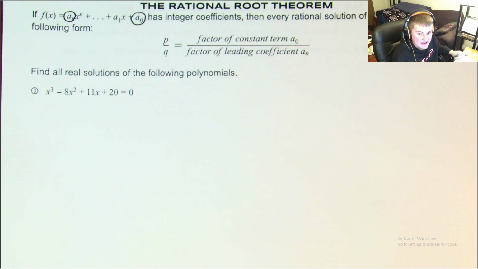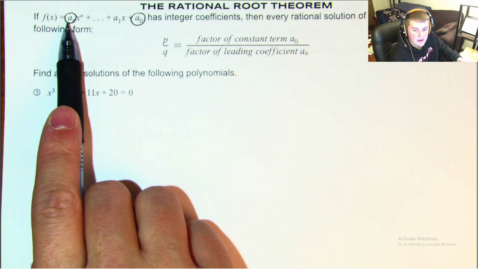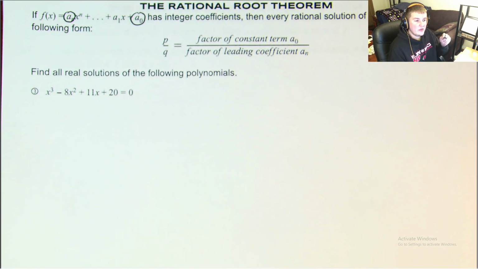So if I take the constant term and divide it by the leading coefficient, that is a possible root of our problem. Where this is going to be very, very important is that it's going to help us get started on factoring these problems. So let's go ahead and see what that looks like in example 3.